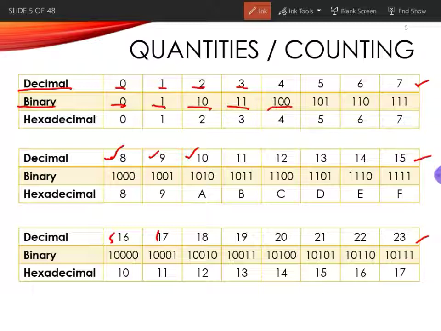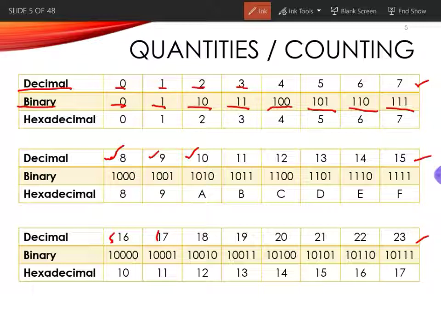Then you're basically increasing the number of places, going from 2 digits to 3 digits to 4, and so on and so forth. So it's 100, 101, then 110, 111.